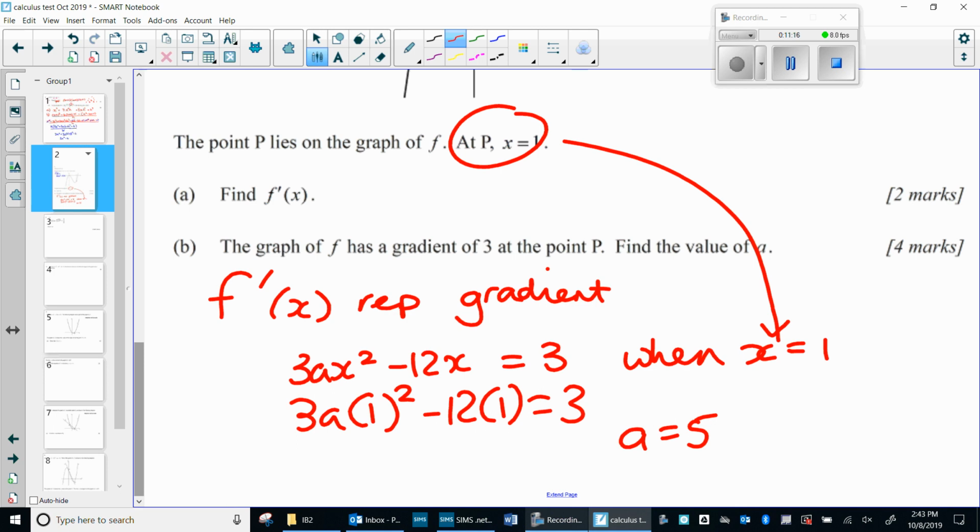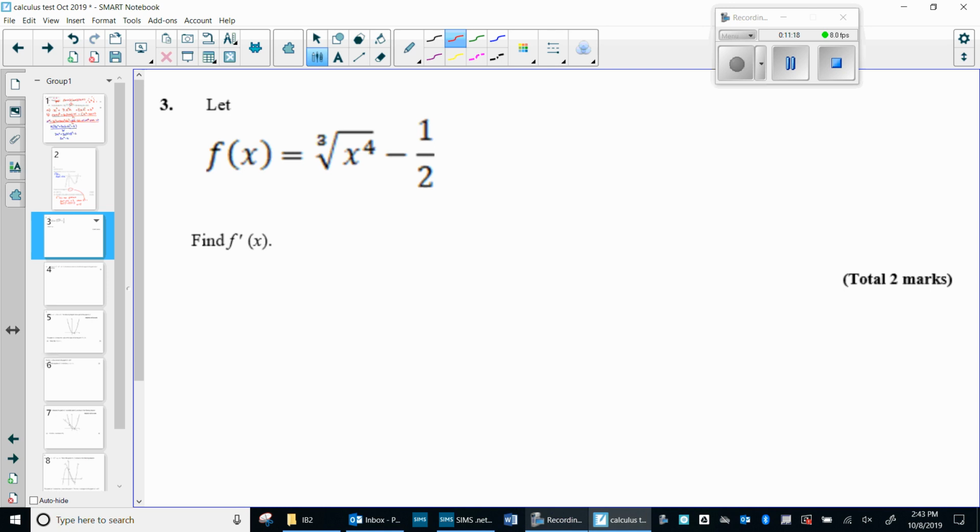Next question. It's the cube root of x to the power 4. Roots go to the ground and powers go on the top.